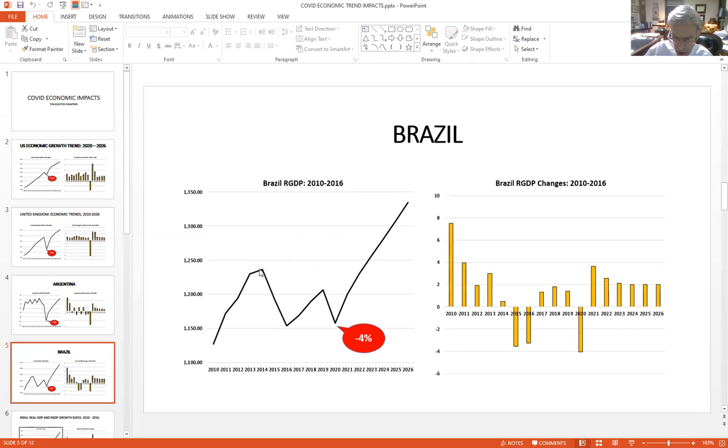And you can see that its economy was much larger back in 2014 than it was in 2019, 5 years later. And so when the coronavirus hit, a reduction of 4% is what's reported by IMF.